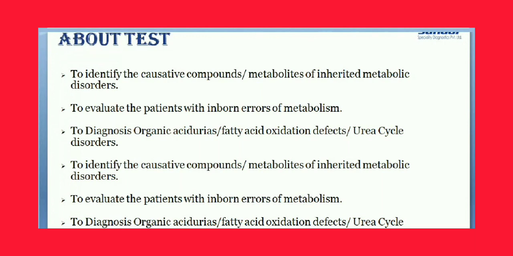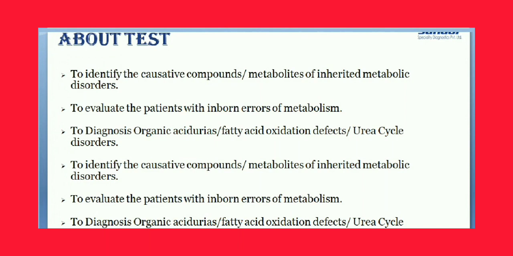Due to the enzyme defect, there is an accumulation of metabolite in the body fluid. If that metabolite is elevated or abnormal, you report that. Based on the analytes or metabolites which are elevated, you interpret and say which disorder or category it falls into. This is what you do in the confirmatory tests.